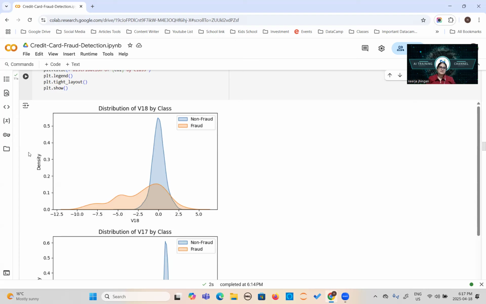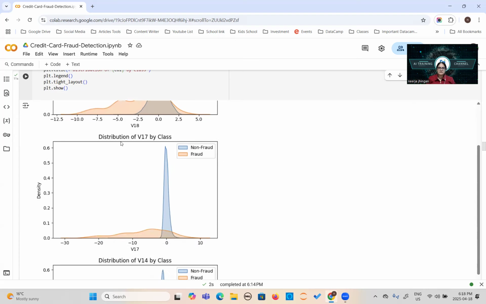Okay, and for the fraud cases, the value is between minus 2.5 to 2.5 maximum, and the distribution is at maximum 0.002 or something like that. Okay, this is the way you will interpret this graph.